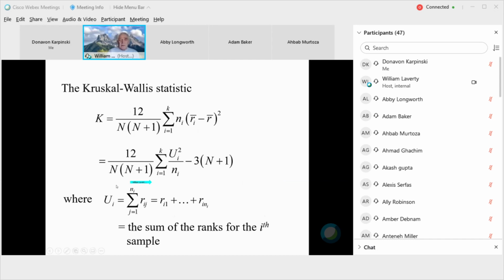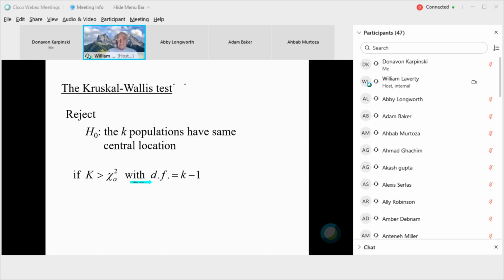So that's probably easier to calculate. The second formula is the best computing formula for the Kruskal-Wallis statistic. The first one will tell you that if the populations are all the same, Ri bar should all be close to R bar and K should be small.